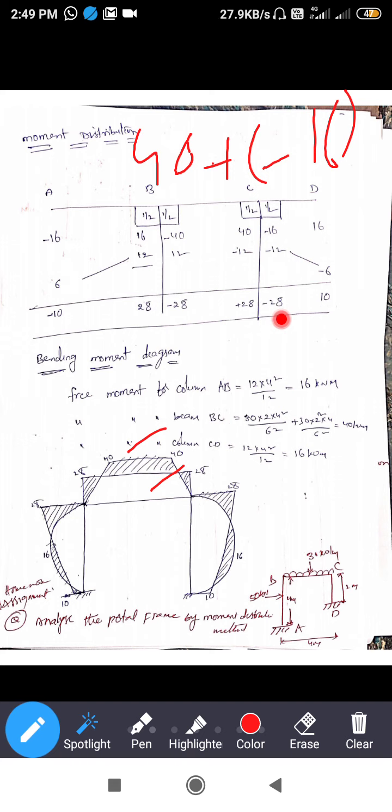Then after that you can go to the fourth step, that is the bending moment diagram. Initially we got the fixed end moments. So here these are the free bending moment diagram.